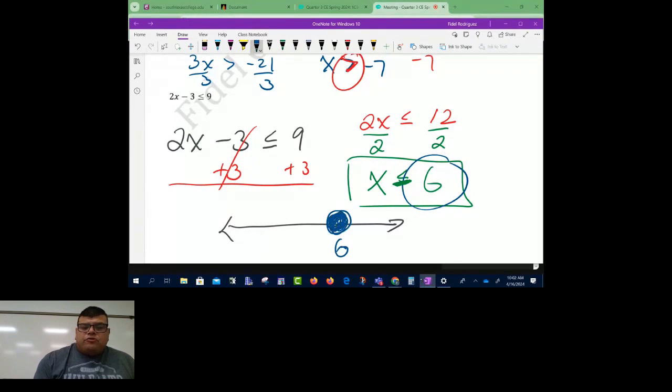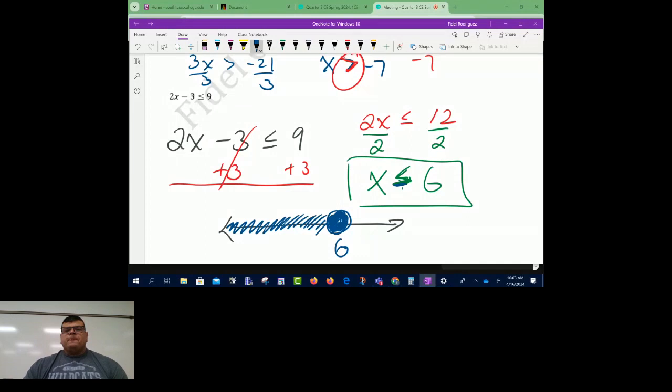If we have the line, we fill it in. If we don't have the line, we leave the little circle open. And then, since our inequality sign is pointing to the left, we're going to shade all of this area right there. And that's pretty much what we're looking for.